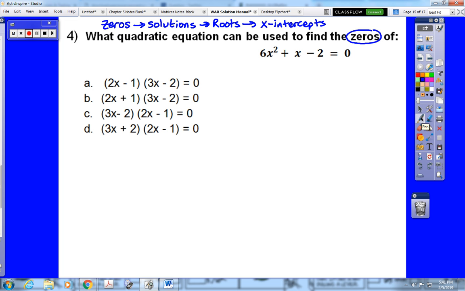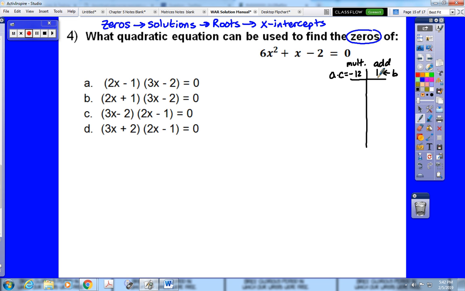Okay? Now, that is a factorable trinomial. So again, when we factor a trinomial where a is not equal to 1, we do a times c, which is 6 times -2, that'd be -12. And we look for a pair of numbers that multiplies to a times c and adds to b.